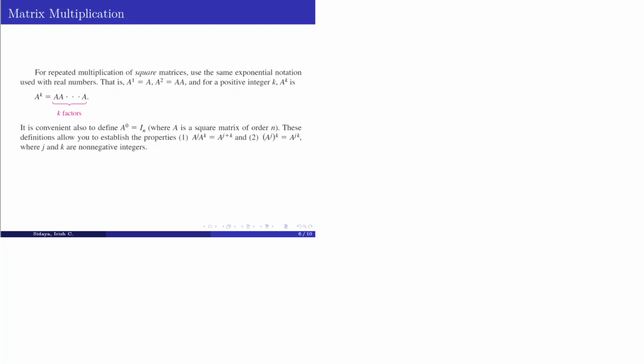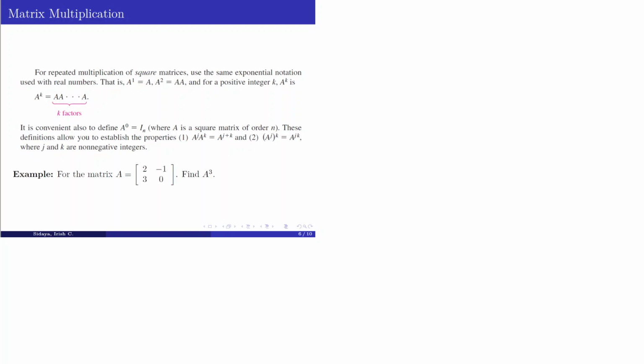It is convenient also to define A raised to 0 as the identity matrix, where A is a square matrix of order n. These definitions allow you to establish the properties. First, A raised to j multiplied to A raised to k is just equal to A raised to j plus k. So we add the exponents. And for A raised to j and then raised to k, that is just equal to A raised to j times k, where j and k are non-negative integers.